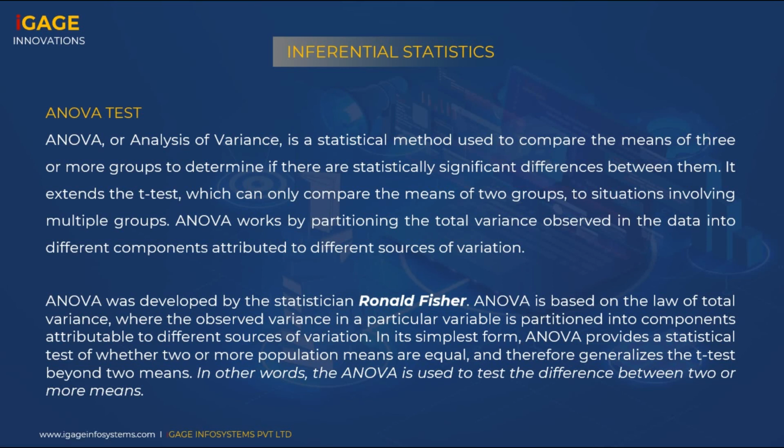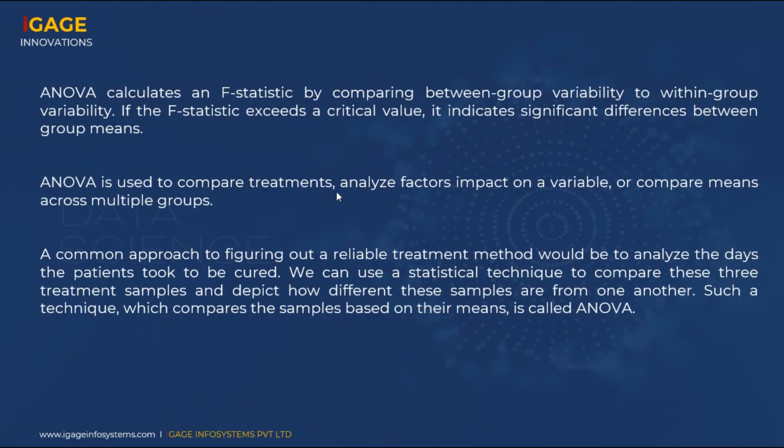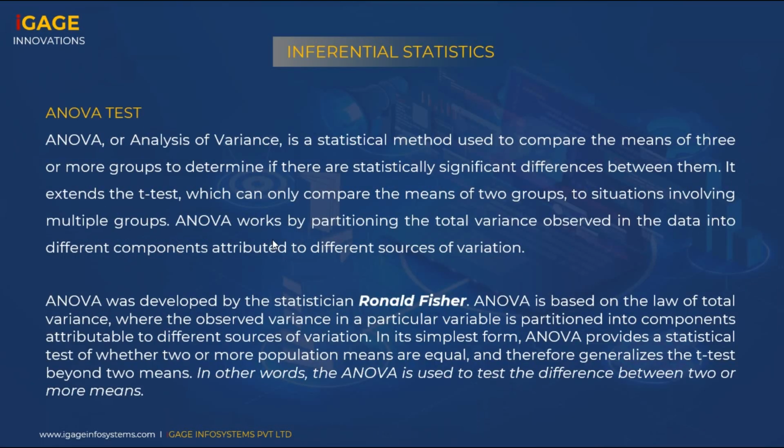Basically, we have three types of ANOVA. We call them one-way ANOVA, two-way ANOVA, and repeated measures ANOVA. We'll come to these. ANOVA was developed by a statistician named Ronald Fisher, and we have an evaluation metric called the Fisher score.